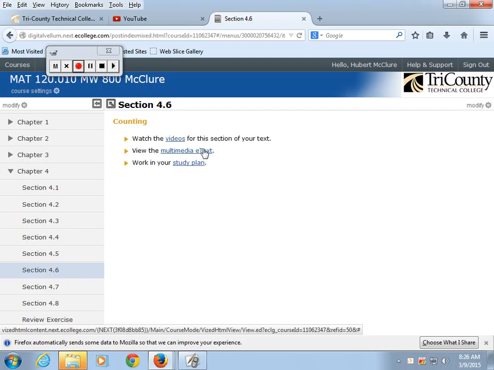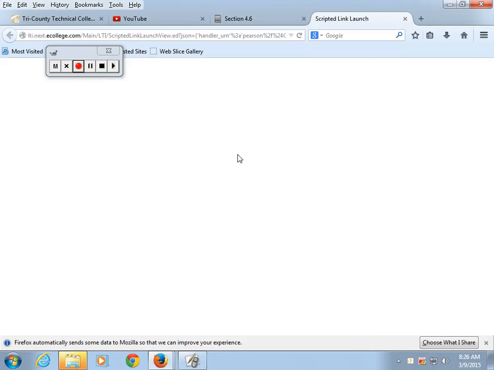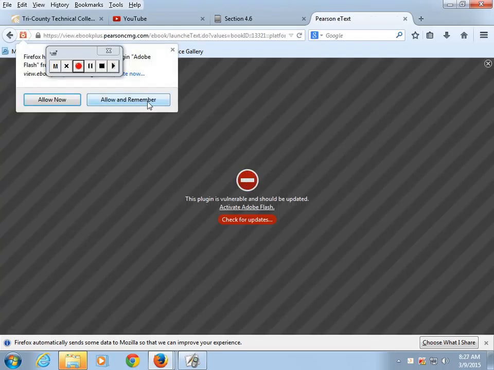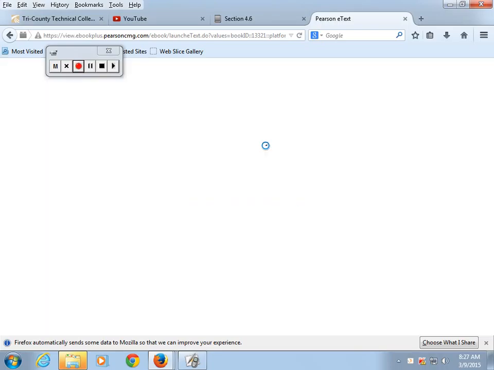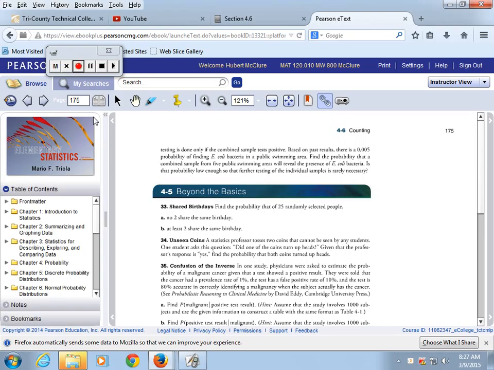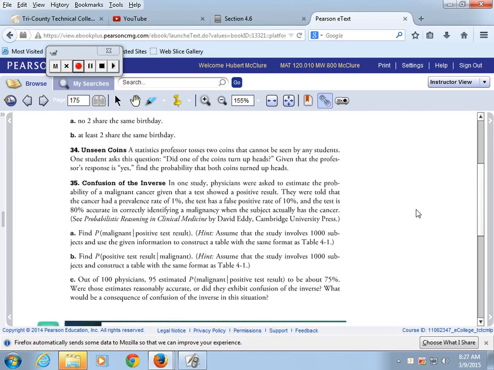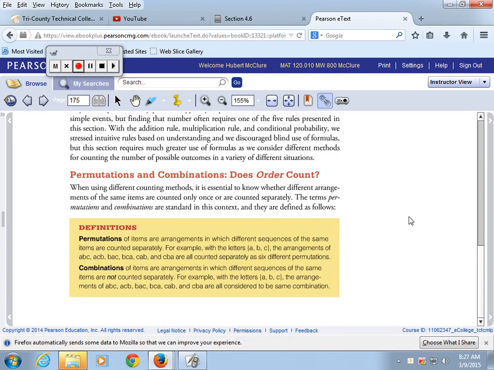I'll look at it later. The reason I pulled this problem up is it's not supposed to have permutations that early.